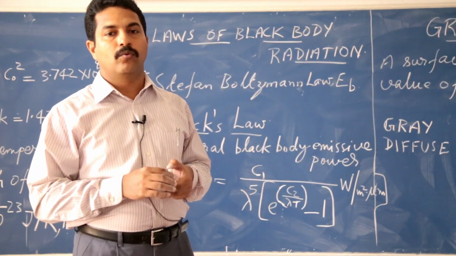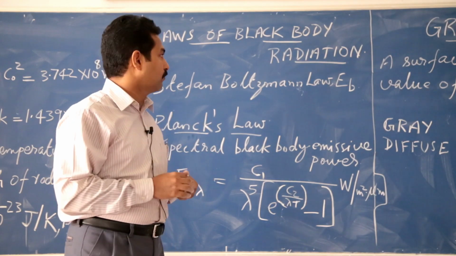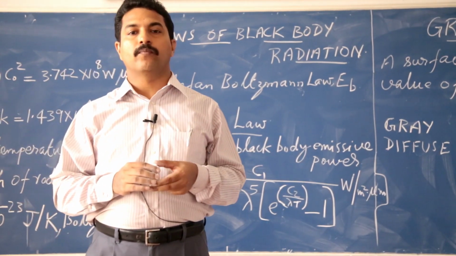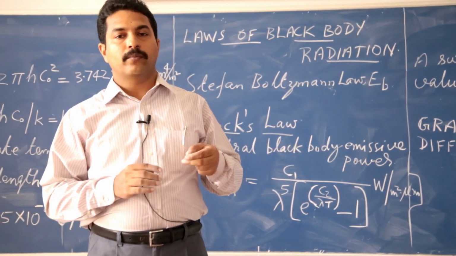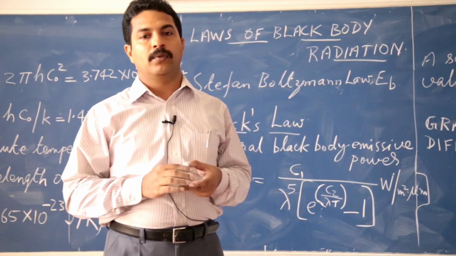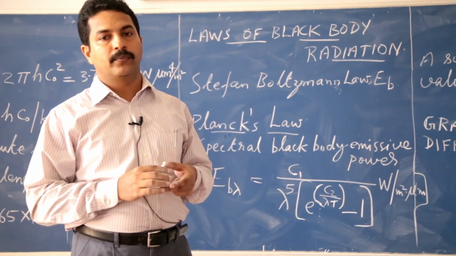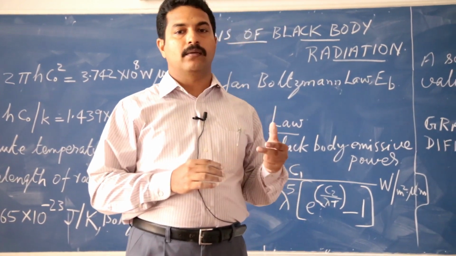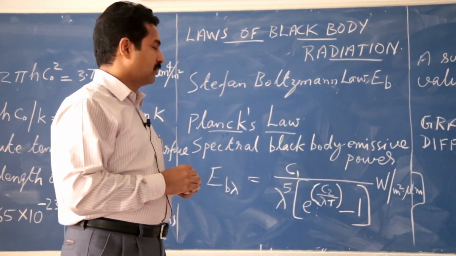Then we learned the laws of black body radiation. We have Planck's law, Wien's displacement law, and other laws. From the Stefan-Boltzmann law, there is an equation for black body emissive power. Then the spectral black body emissive power, E_b lambda, is given by Planck's law.